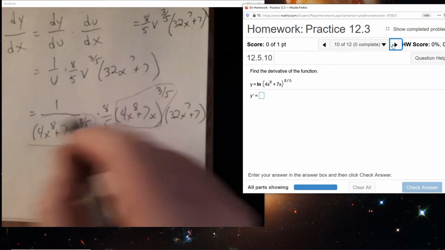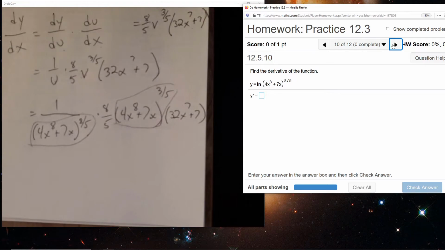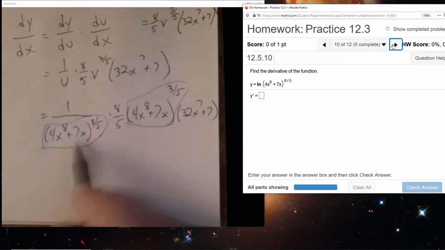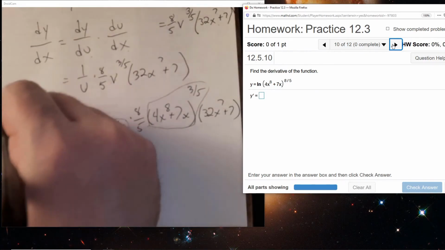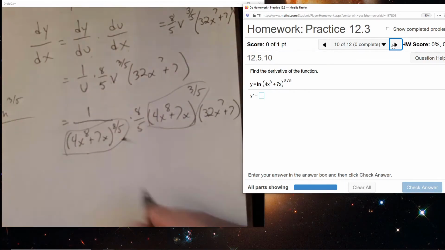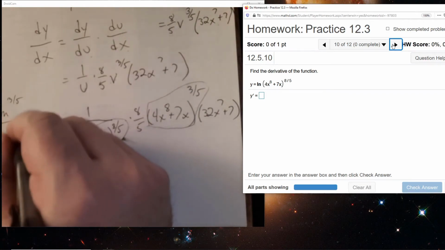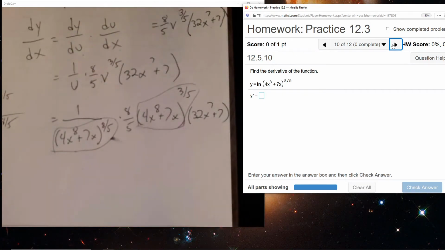Now, this one can be cleaned up a little bit because this is in the numerator and this is in the denominator, and those are like terms. They have common factors, maybe I should say. In other words, we can simplify these. So this is like saying m to the 3/5 over m to the 8/5 is what these two are like.